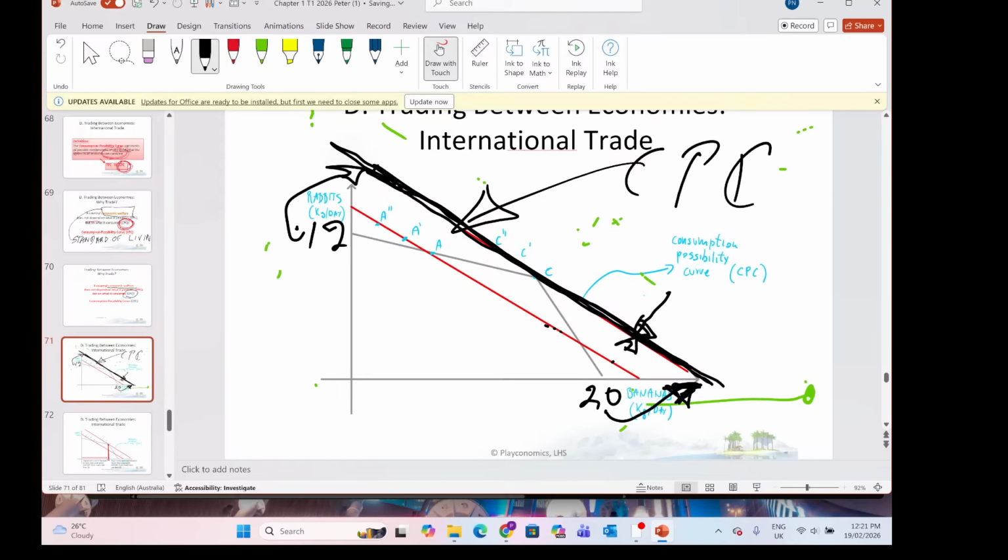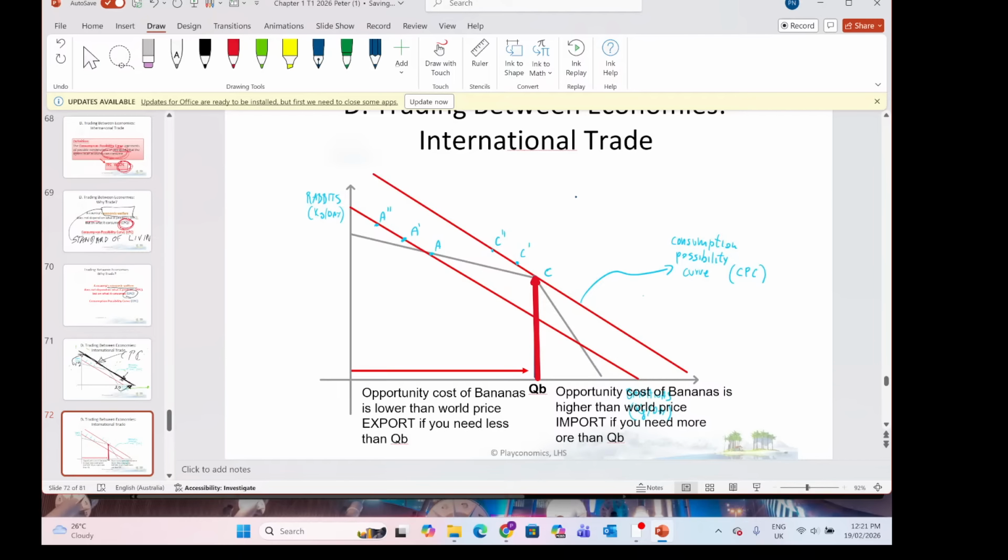Now, how are we thinking about this black line? The way we're thinking about this black line is that it represents the price that rabbits and bananas trade for in the real world, and the red line represents the opportunity cost that we pay for these products in our own country. And what you can see is that the red line, the opportunity cost of bananas inside the country, is lower, right?